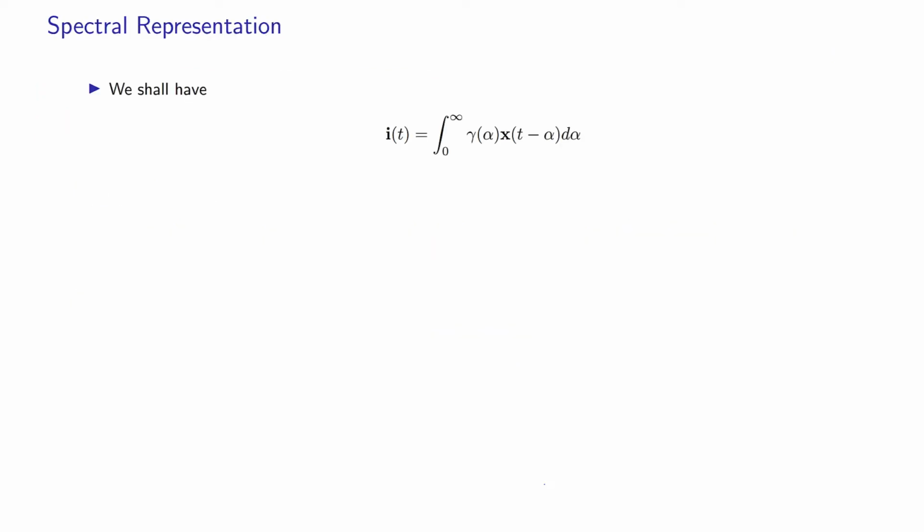So what we know is that if you give x of t to the whitening filter, with impulse response, let's say, gamma of t, it gives you I of t, the innovation process.